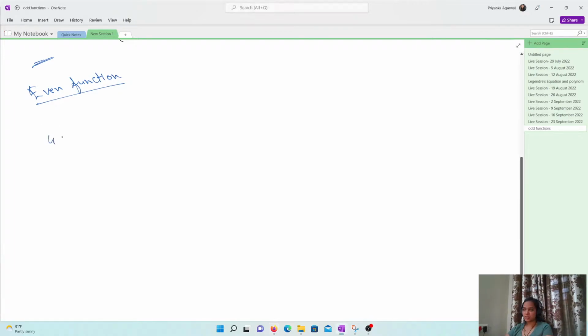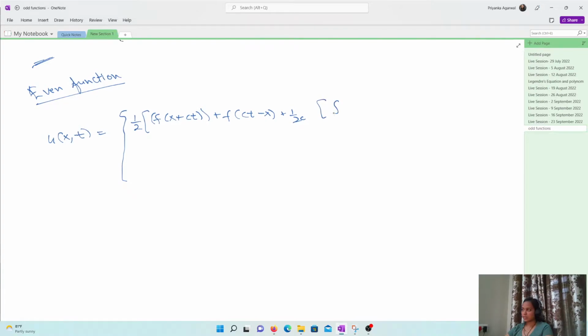So in this case, u of x comma t can be written as 1 by 2 f of x plus ct plus f of ct minus x plus 1 by 2c, and this goes 0 to ct minus x g of s ds plus 0 to x plus ct g of s ds.